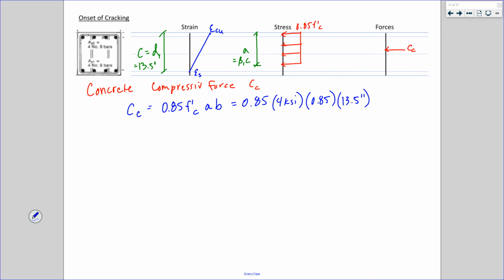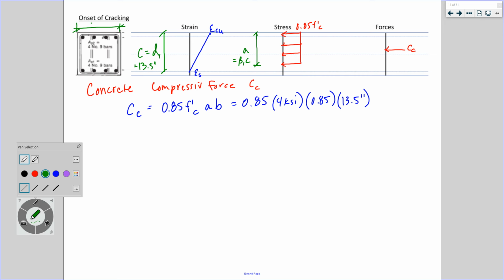C is 13.5 inches, times the width. This is a terrible, terrible drawing. This is a lovely square cross section, 16 inches wide.